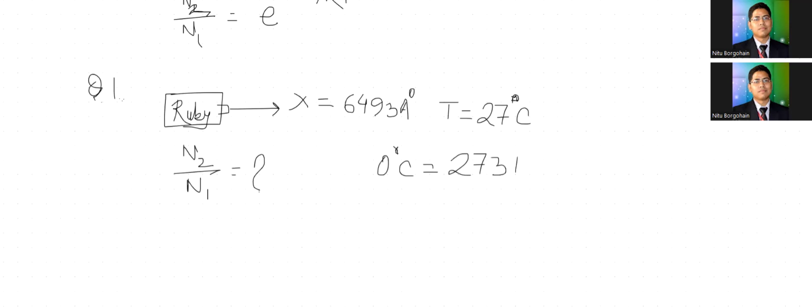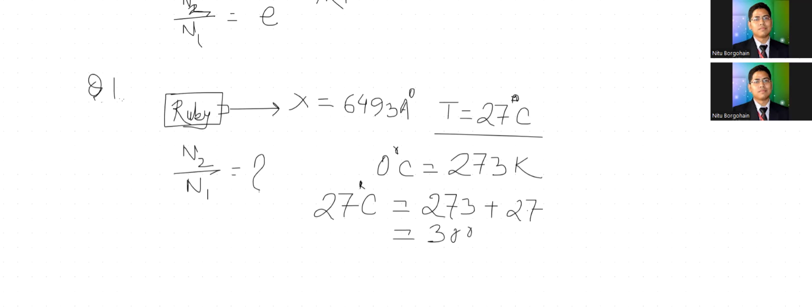So 27 degrees centigrade means 273 plus 27, that is equal to 300 degree Kelvin. Okay, so the temperature is found. Temperature is 300 degree Kelvin.